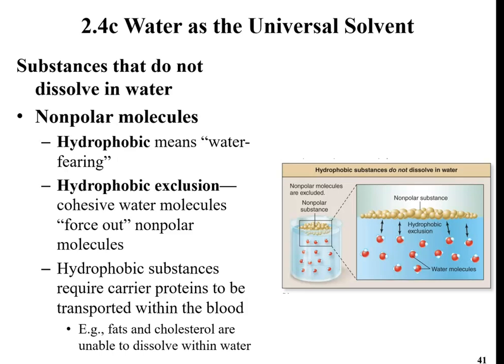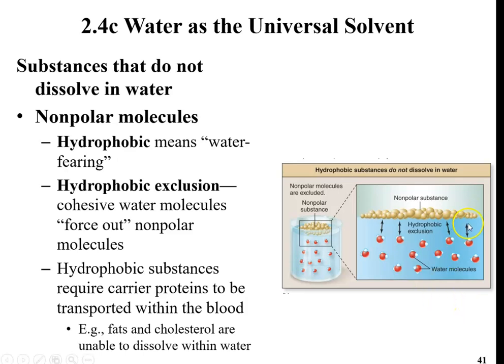Substances that do not dissolve in water would be nonpolar molecules. So, hydrophobic, meaning water-fearing. Hydrophobic exclusion happens when cohesive water molecules force out nonpolar molecules. It's kind of like the other half of hydrophobic interactions, right?